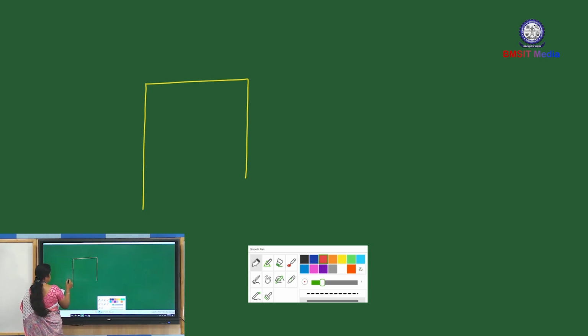For simply supported bending moment, if the load is acting at the mid, the maximum bending moment under the load is WL by 4. It is a point load, so the diagram is a straight line. WL by 4 is 6. This is the simply supported bending moment.